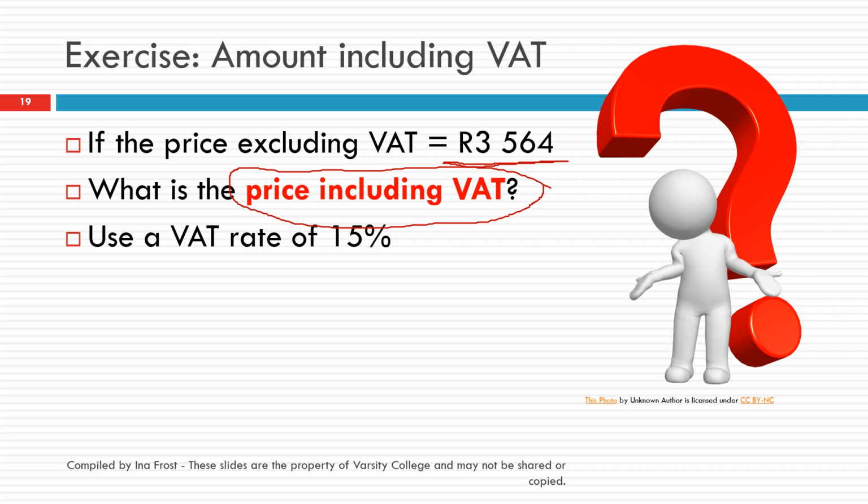Once again, pause your video here and try to use all three of the different formulas that we discussed in the earlier part of this video to calculate the price including VAT. Obviously, all three of your answers must be exactly the same. You must get the same answer irrespective of the formula that you use.